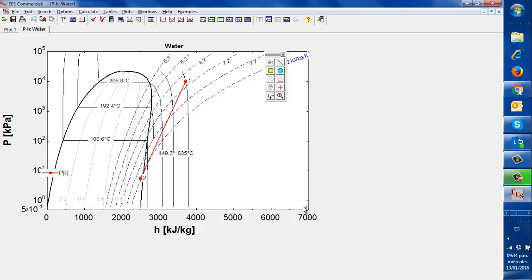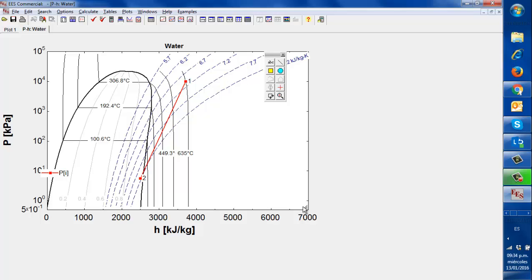Questions so far? Yes. When you were computing P2, why did you use H2A and H2S? What's the main difference between those two? Okay, H2S, we are using an ideal turbine, so the ideal turbine will be an isentropic one. The entropy at the inlet and the outlet will be the same. But in an actual turbine, you have some irreversibilities inside, and you have an increase in entropy.